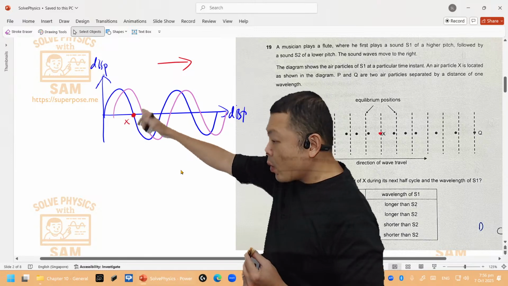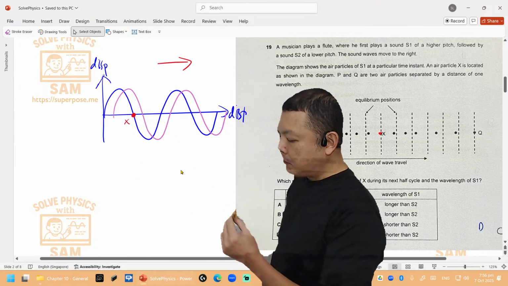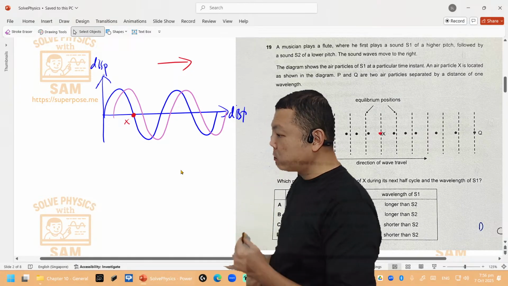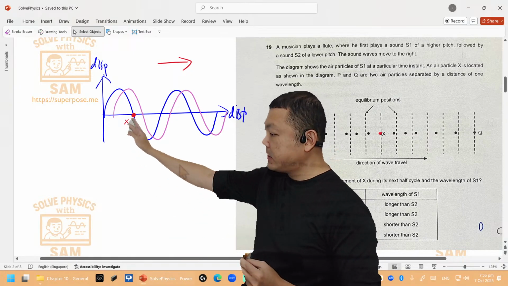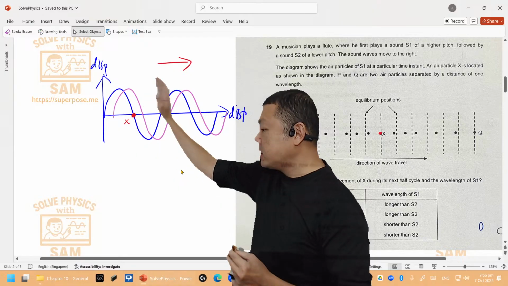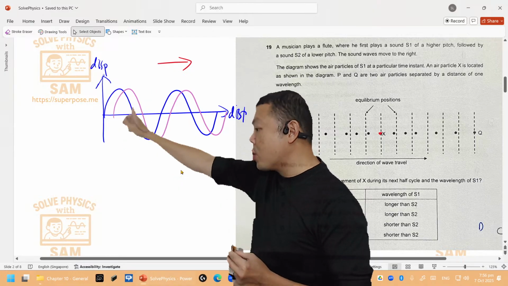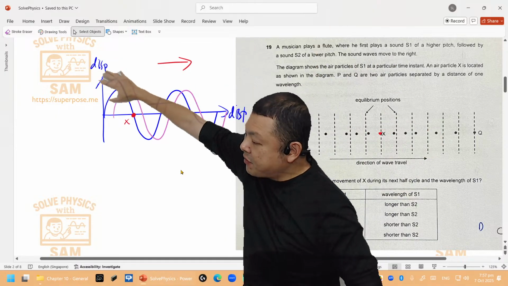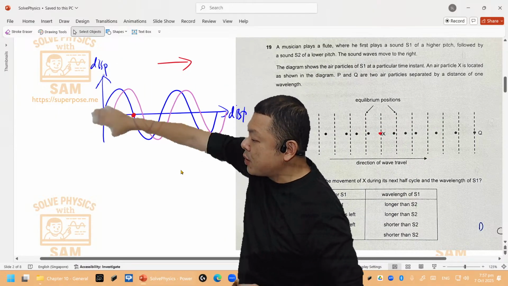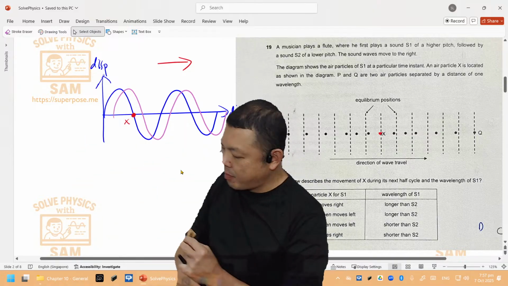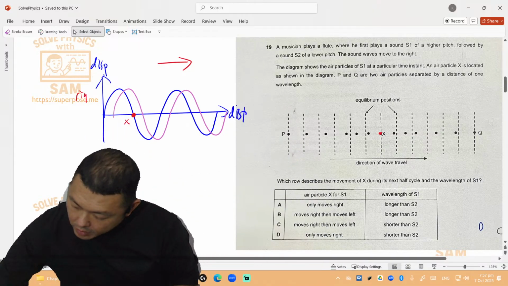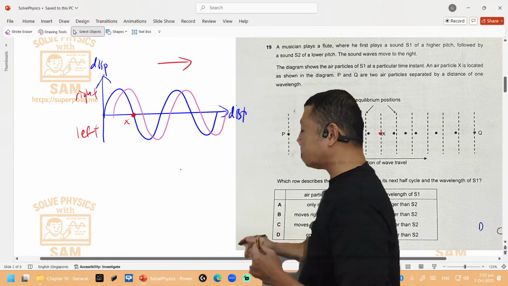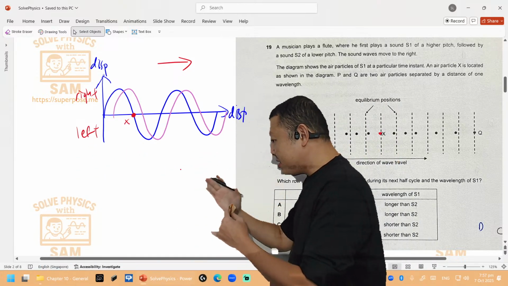So where is the particle going? On this graph, the particle will go up, correct? But for a longitudinal wave, the up and down on this graph is actually right and left. So in this instance, it's moving to the right.